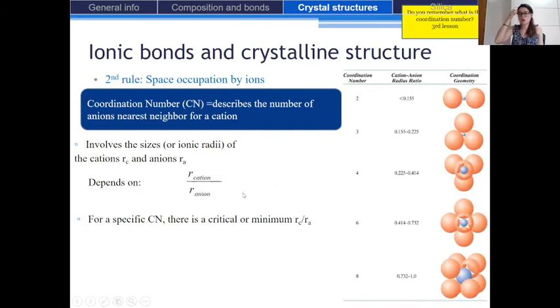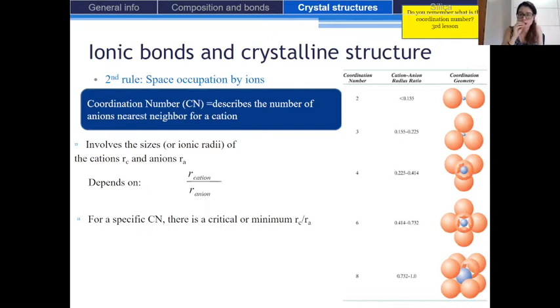And so in order to know what this organization will be, in a more precise definition, we should first have a look at the coordination number, which describes the number of anion nearest neighbors for a cation. So this is the definition of coordination number in the case of ionic ceramics.